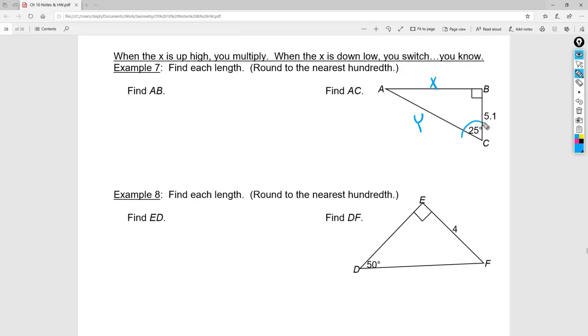I'm always considering where my angle is. I need some relationship between my opposite and my adjacent. So I am remembering SOHCAHTOA. I have a relationship right here between opposite and adjacent. So I know that tangent of 25 is equal to x over 5.1. So x will be 5.1 times tangent of 25, or 2.38.